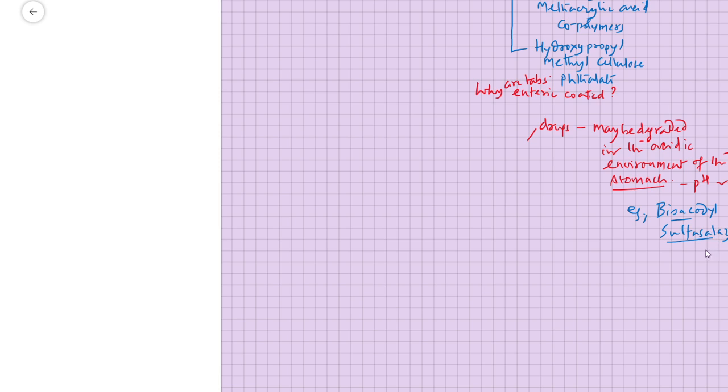This drug too we had discussed. This drug is meant to be metabolized by the gut bacteria. We have discussed this example previously, so let's not repeat it. These are examples of drugs which get degraded in the environment of the stomach.